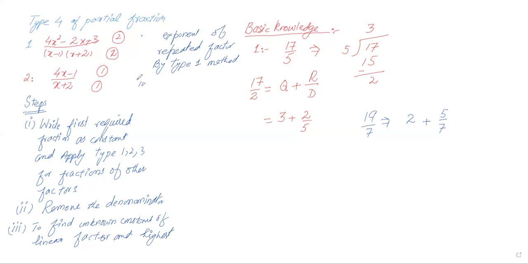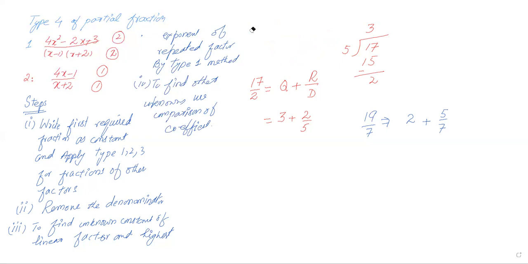And the last step is to find the other unknowns. Use comparison of coefficients. So these 4 steps you have to apply in type 4 questions. Now, before starting, I will revise these steps, and then you have to apply these steps one by one.